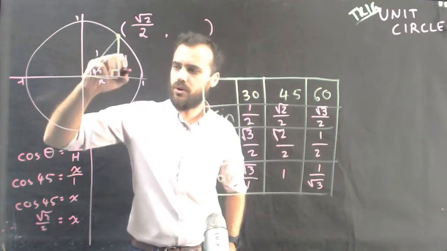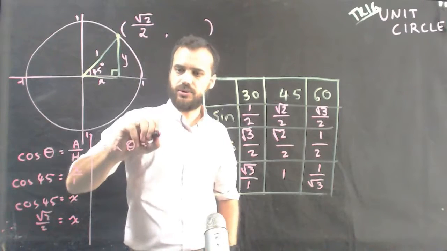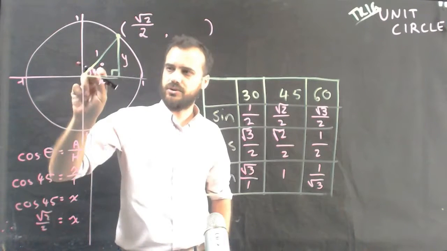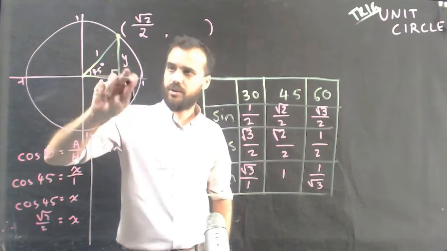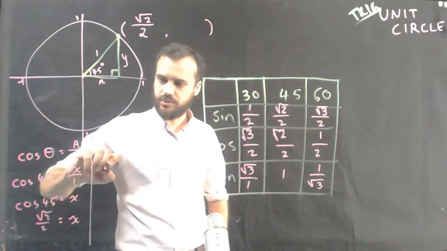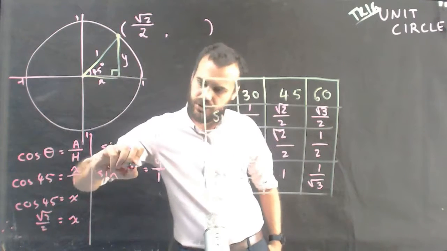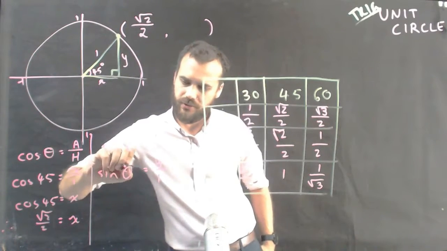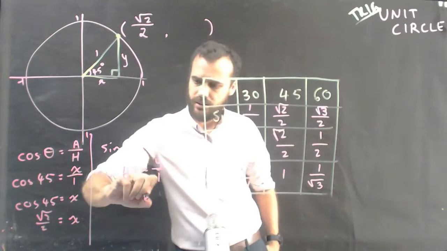Now, I can do the same for this one here. If I want to know what y is, then I know that sine theta is equal to opposite over hypotenuse. Here's my 45 degree angle, so the opposite is y. The hypotenuse is 1 and always will be. So sine 45 is equal to y on 1.